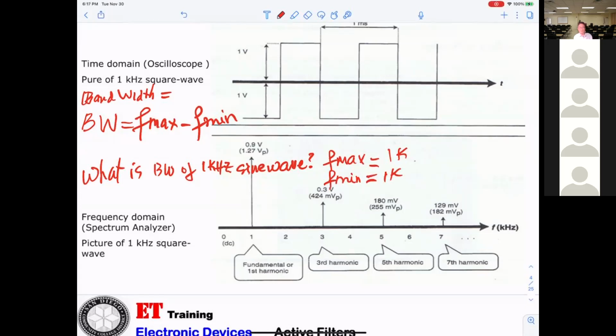Maximum 1K and minimum also 1K. They get only one. So the bandwidth of 1 kilohertz will be equal to 0. That tells you that with the scope you cannot find the bandwidth.